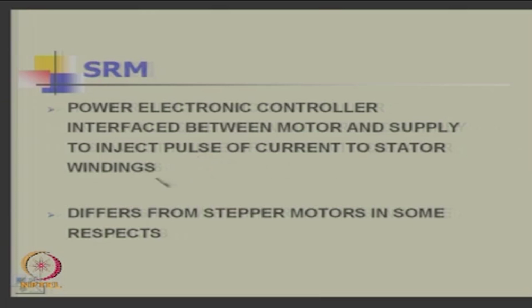You pass a pulse of current, and how much current will flow depends upon the circuit parameters of resistance and inductance. When you apply 100 volts, it does not mean it will give a nice 100 volts current if it is 1 ohm resistance. It will go through its own step response. Now, it is different from a stepper motor in some respects.